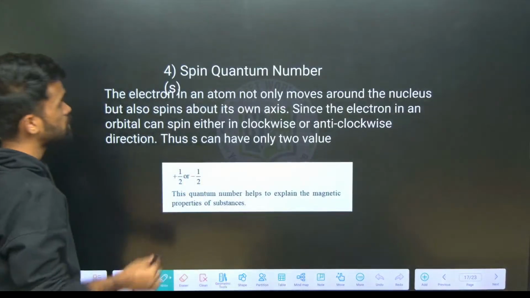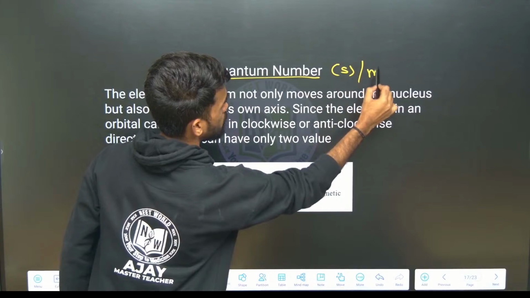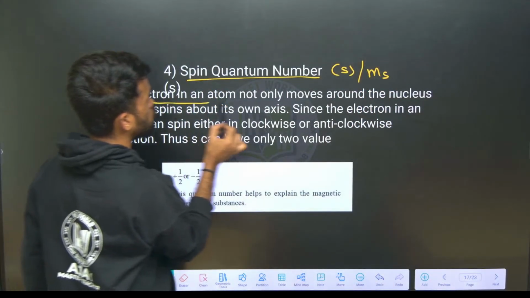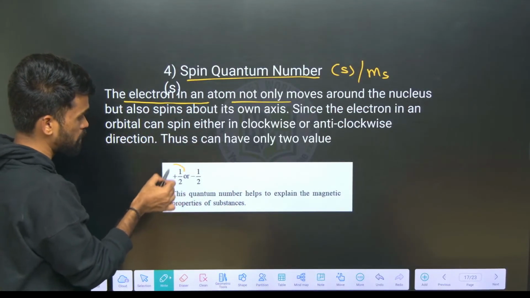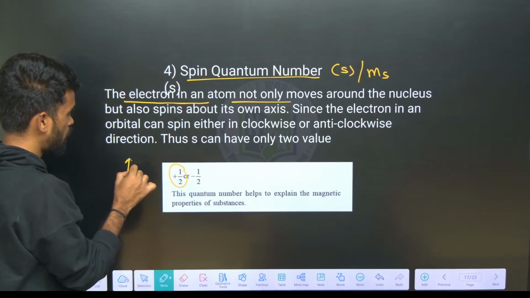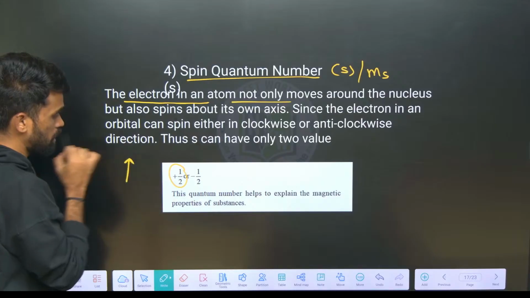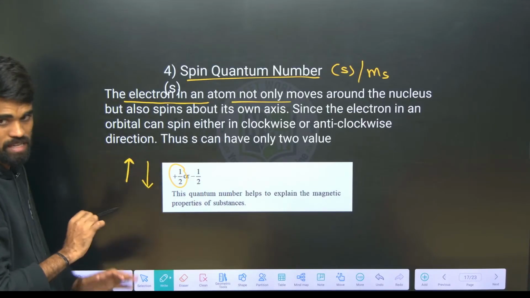Next one is the spin quantum number indicated with s or ms. What does it say? It says about electron spin. Spin of an electron can be either clockwise or anti-clockwise. So if you represent one direction, clockwise, with +½, anti-clockwise you can represent with -½, or vice versa, no issues.